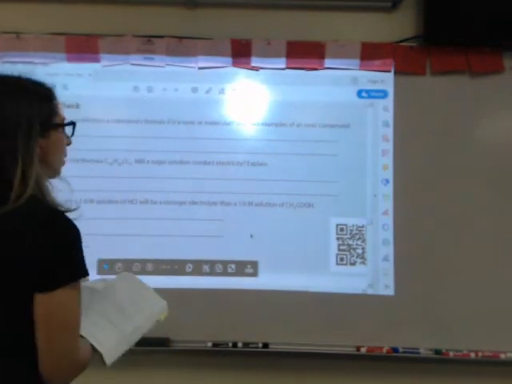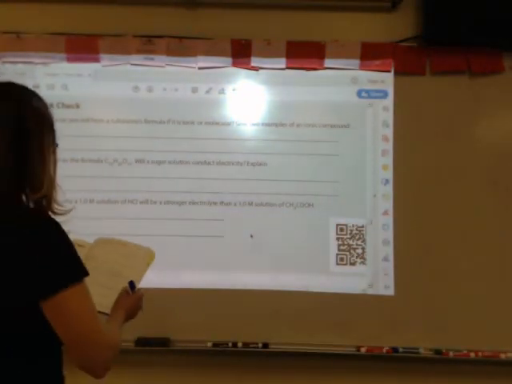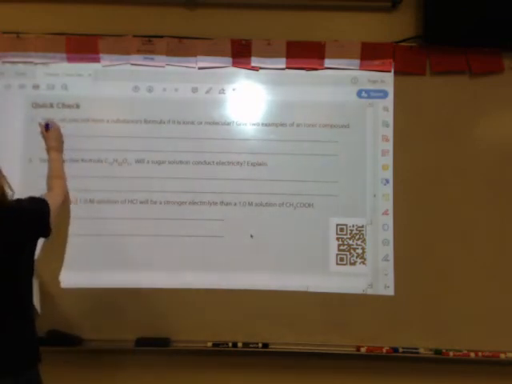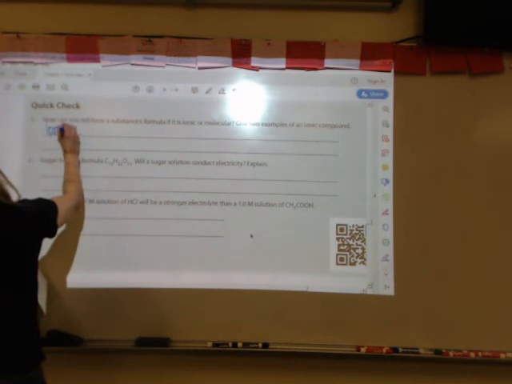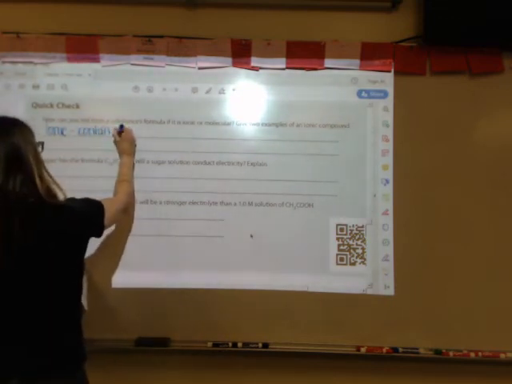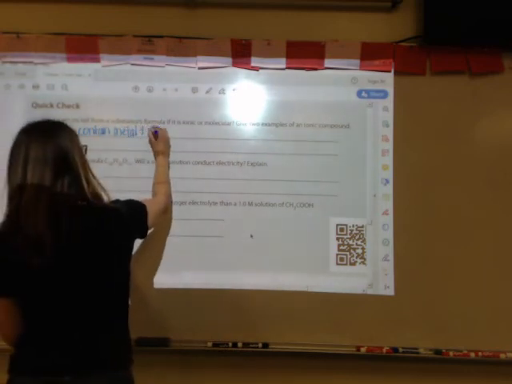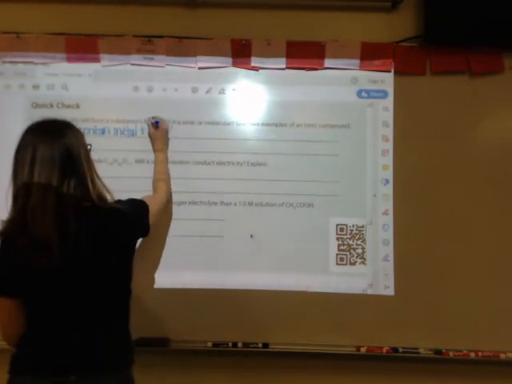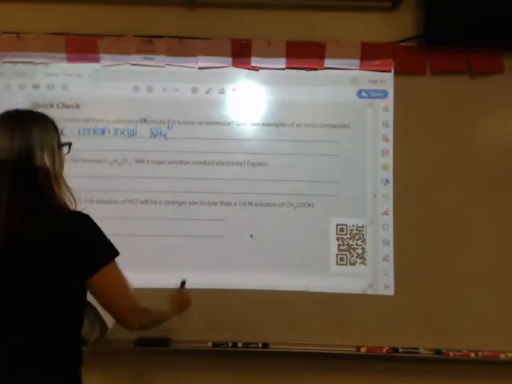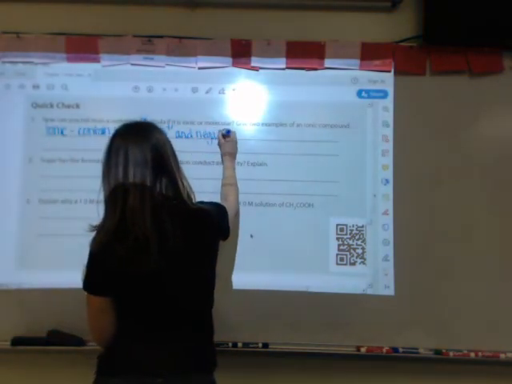How can you tell from a substance's formula if it's ionic or molecular? Give 2 examples of an ionic compound. Ionic compounds contain a metal or the ammonium ion, and a negative ion, an anion.